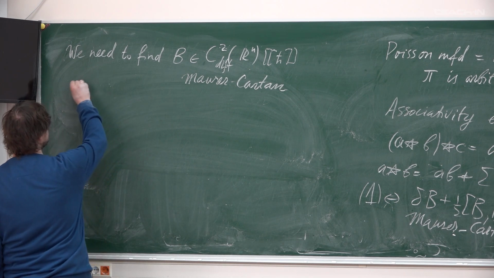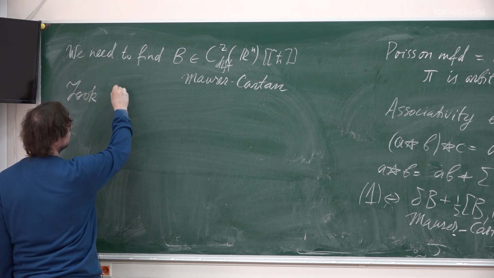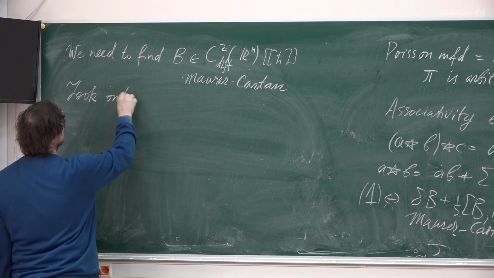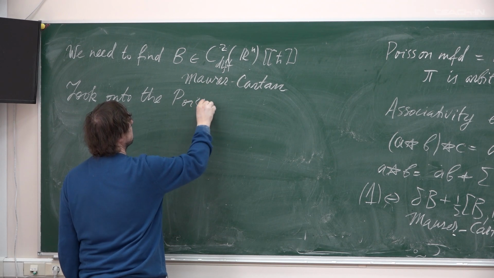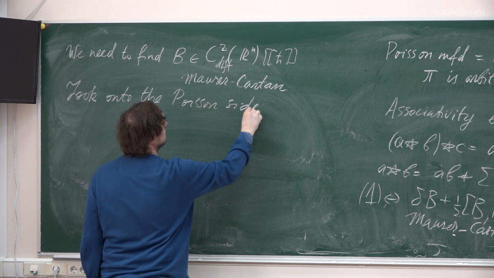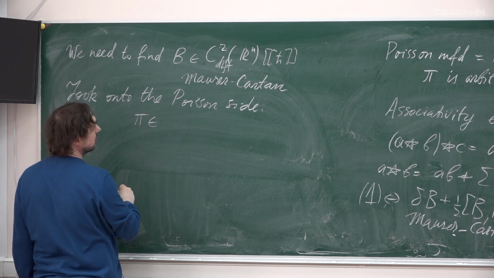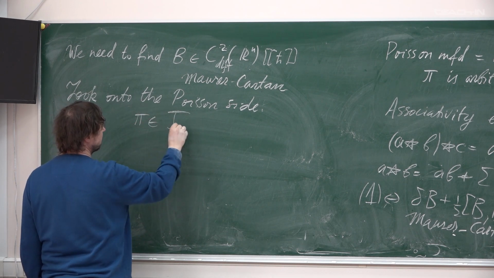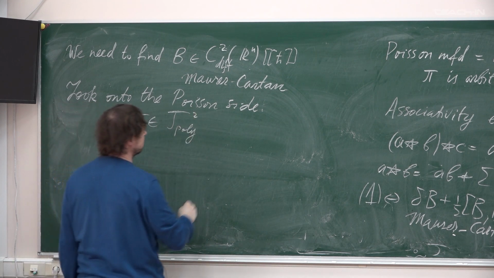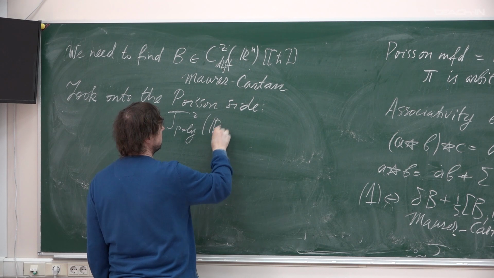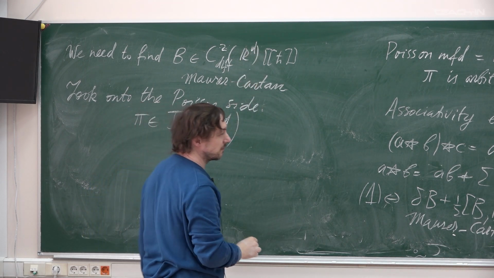Just look onto the Poisson side of this story. Here we have an element pi in the space of polyvector fields, two-dimensional polyvector fields on R^d, right?